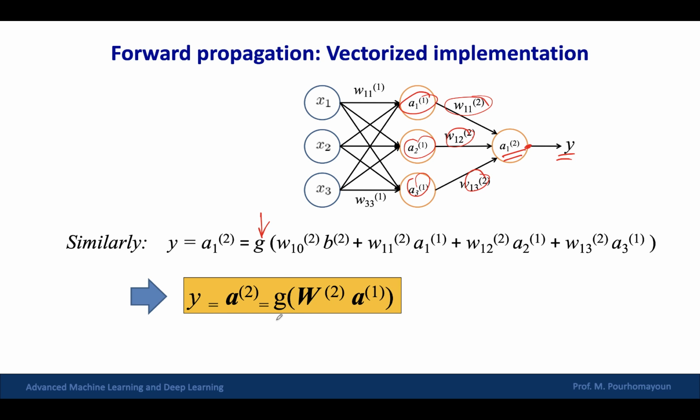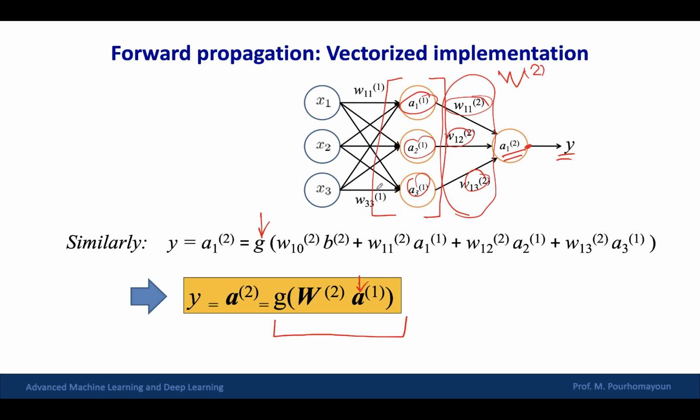It creates y, and you can use vectorized representation to show it. g of w2 will be these weights times a1. Look at this, this is bold. It means that this is the vector of these a's.